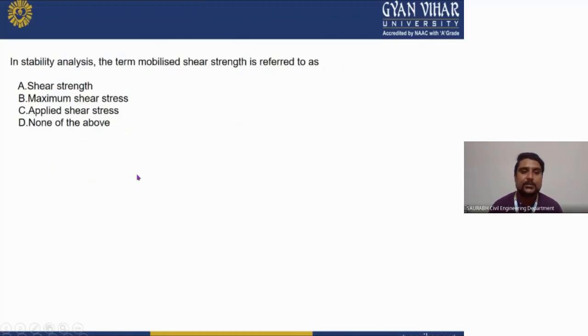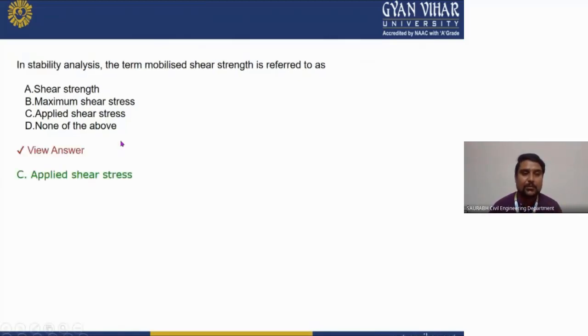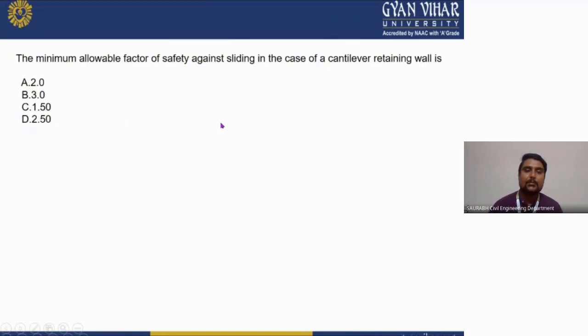Now come on the next question. Stability analysis in terms of mobilized shear strength is referred to as shear strength, maximum shear stress, applied shear stress, or none of the above. Let's see what the answer will be. Here the answer will be applied shear stress. In stability analysis, the term mobilized shear strength is referred to as applied shear stress. That will be your right answer. Come on the next question.